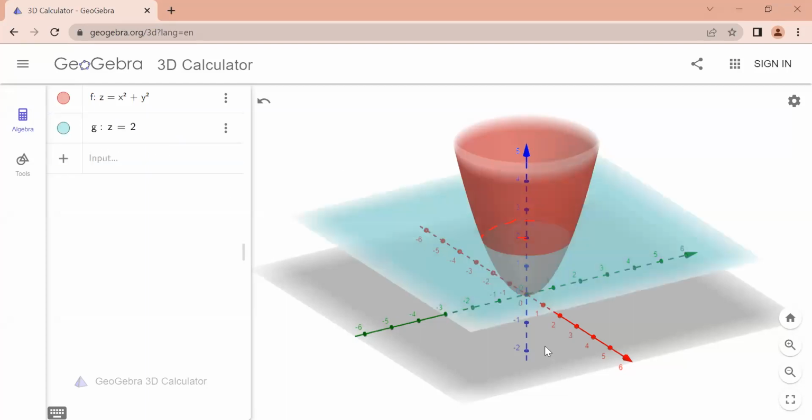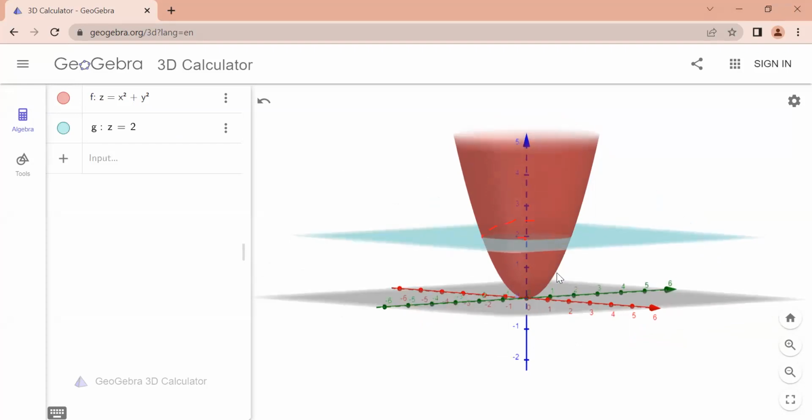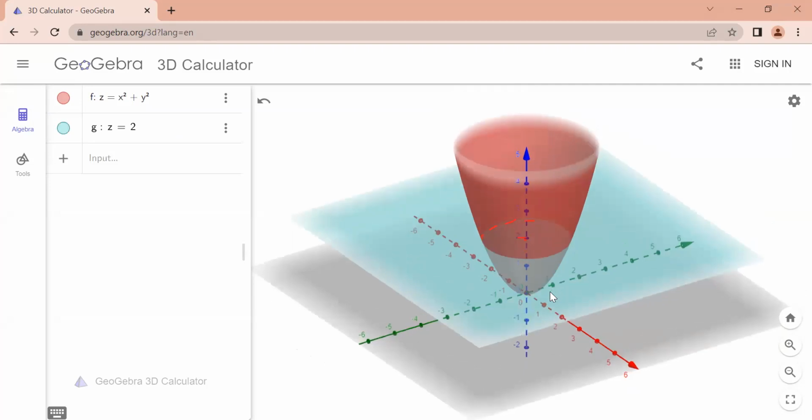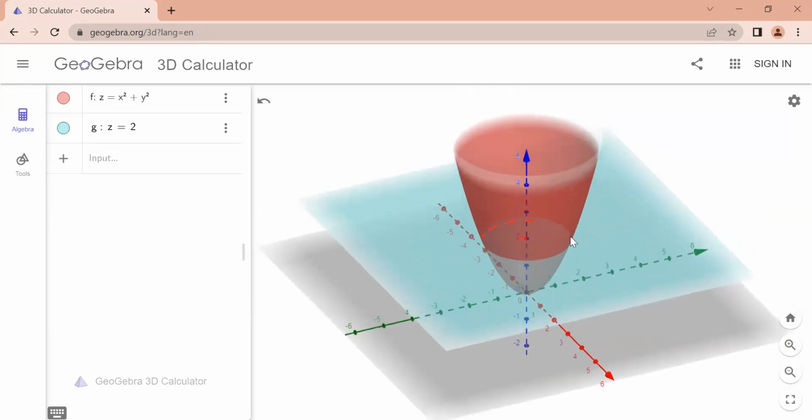If I make a plane parallel to xy with z equal to 2, you can see that we are getting a circle shape, the red one. So it's a circle shape of this actual graph, x squared plus y squared, and if we take a certain point where z is equal to 2, we are going to get a circle.